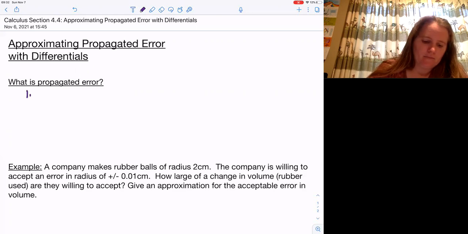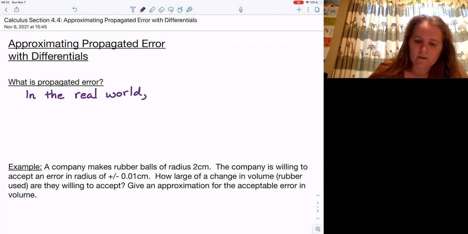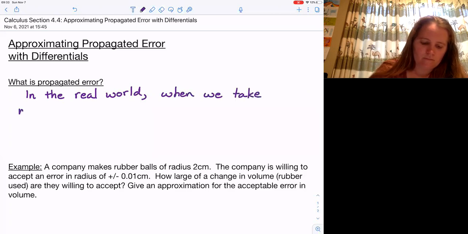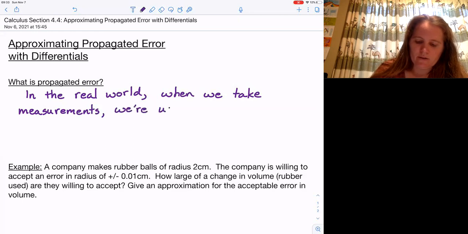Right? So in the real world, when we take measurements, we're usually a bit off.